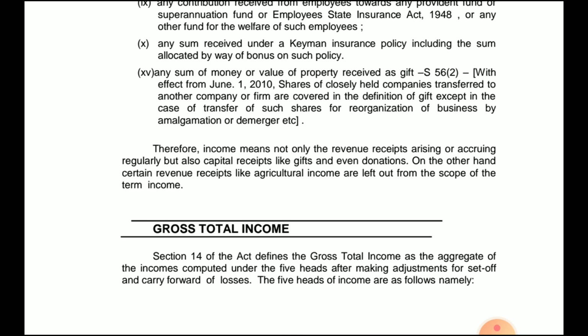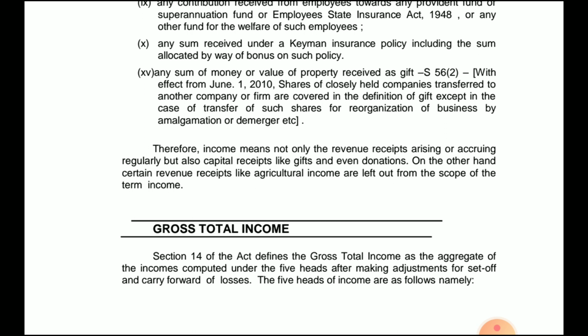So what do you mean by gross total income? As per section 14 of the Indian Income Tax Act, gross total income is the aggregate of the income computed under the five heads after making the adjustment for set off and carry forward of losses.